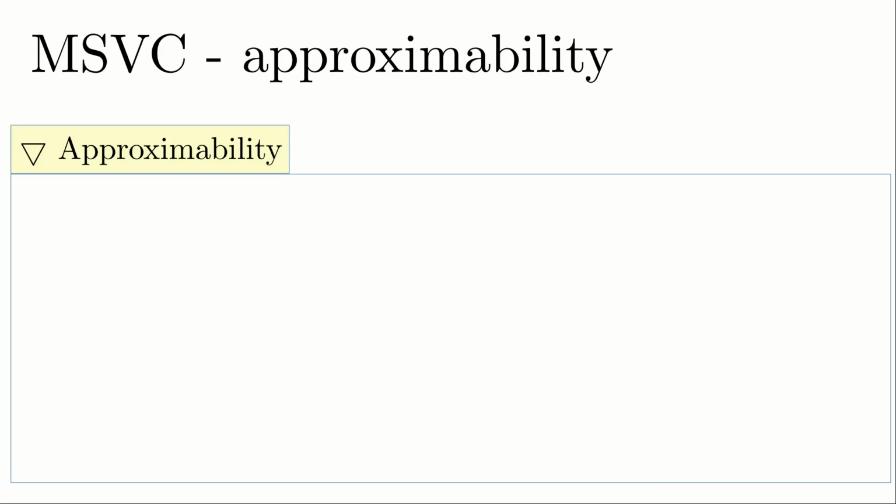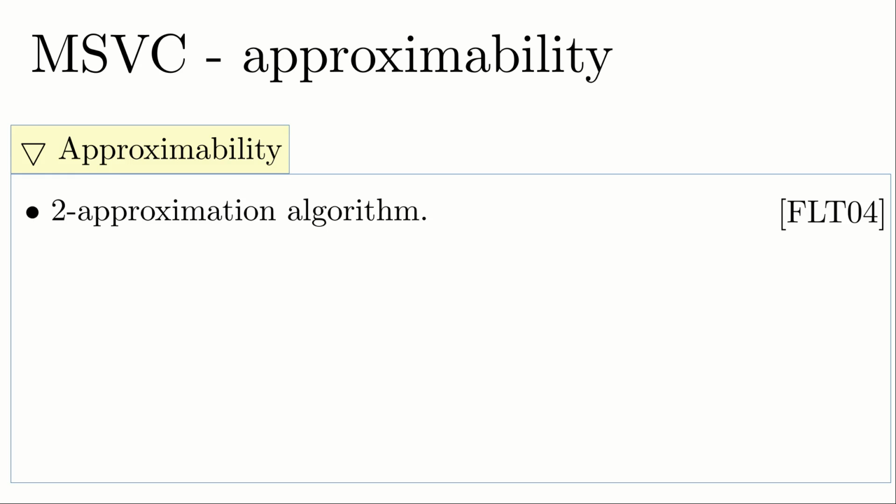Okay, so this has been a well studied problem, and we have certain approximability results. In particular, in the paper of Feige, Lovász and Tetali, a 2-approximation algorithm has been shown. And this is really very different from the 2-approximation algorithm for the vertex cover problem.